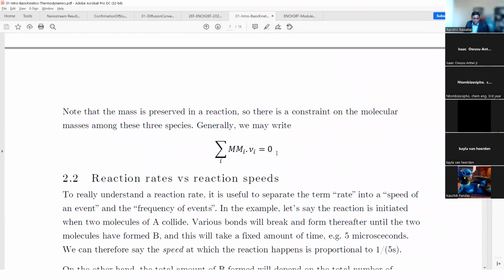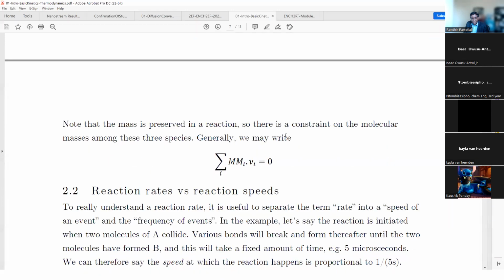The other thing we should note here is that the mass has to be preserved in a chemical reaction. So in this course, we'll be looking at chemical reactions, not nuclear reactions. So in a chemical reaction, we are rearranging the molecules, or we are changing the structure of the molecules, which includes breaking them into other molecules also.